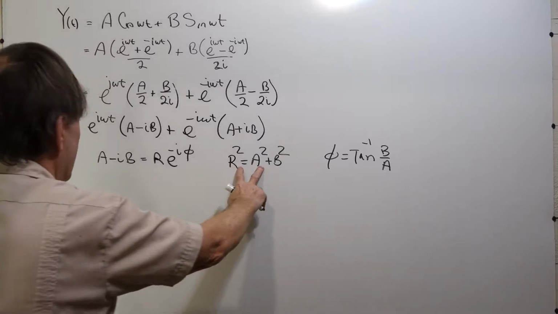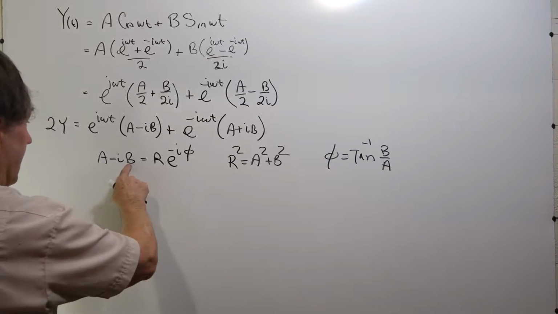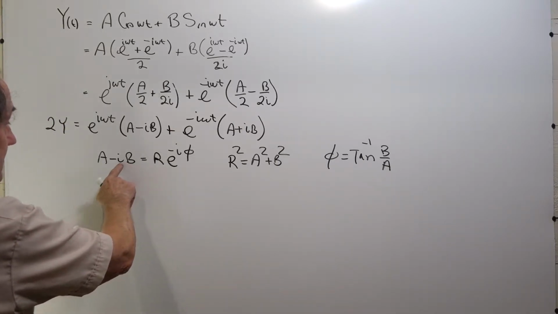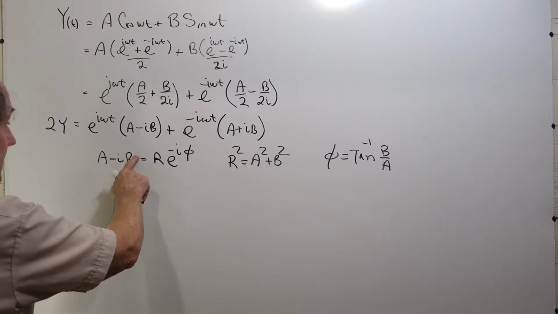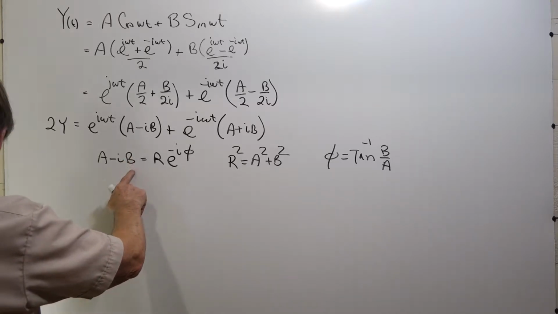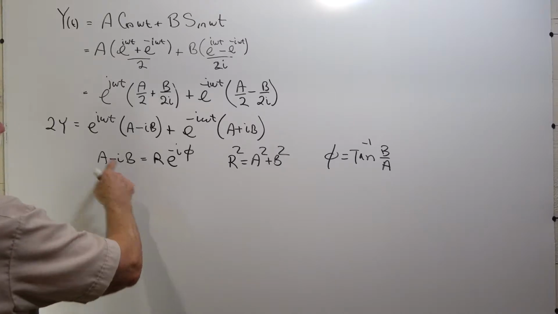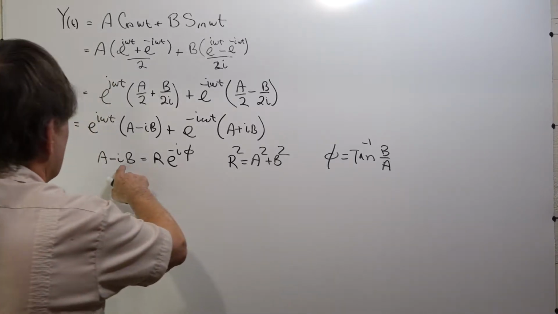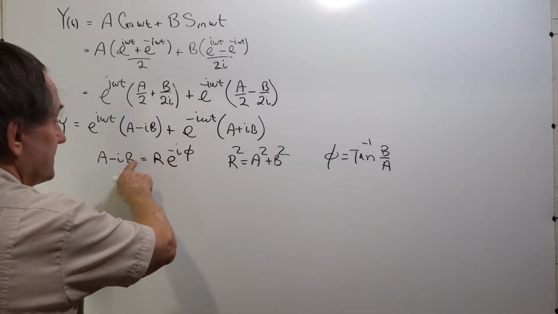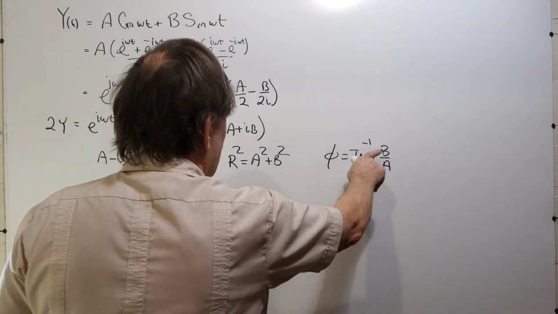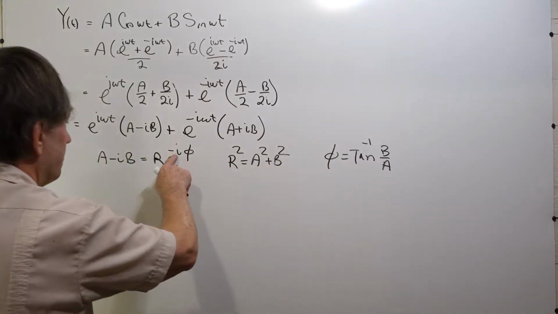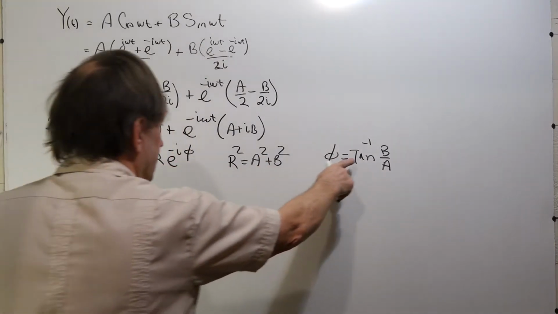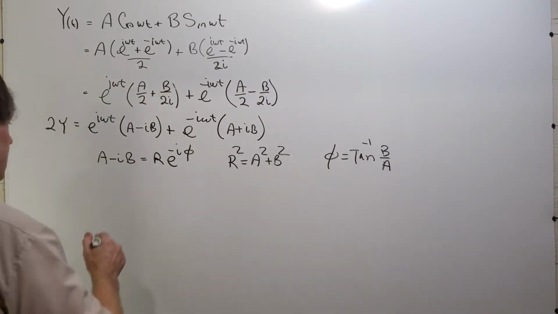This is the magnitude, and then the angle is the arctangent of the imaginary part over the real part. And since it becomes a minus b over a, the arctangent would be negative, and I'm incorporating that negative right here, rather than writing it into the arctangent.